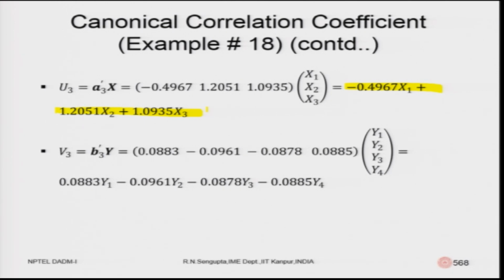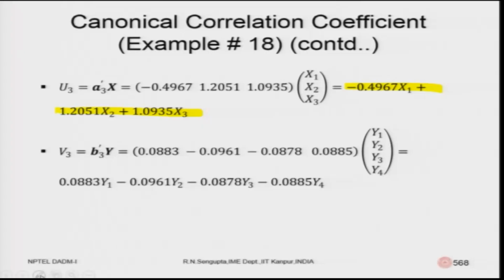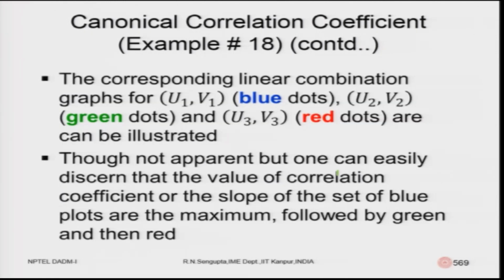The values of v3 are found using the linear combination of b, multiplying b3 into the y vector. That comes out to be 0.0883 y1 minus 0.0961 y2 minus 0.0878 y3 minus 0.0885 y4. Now comes the main part.